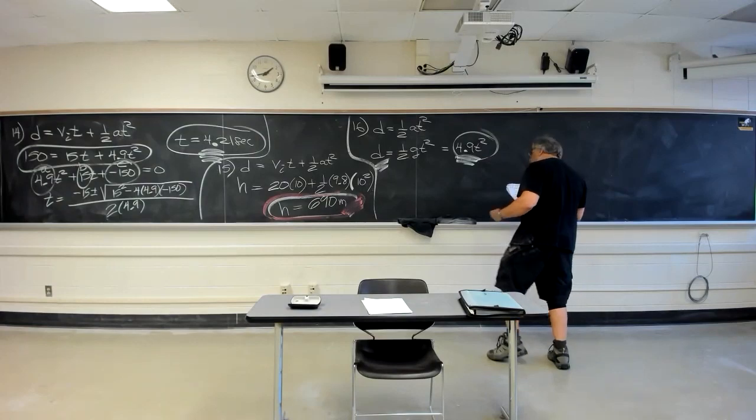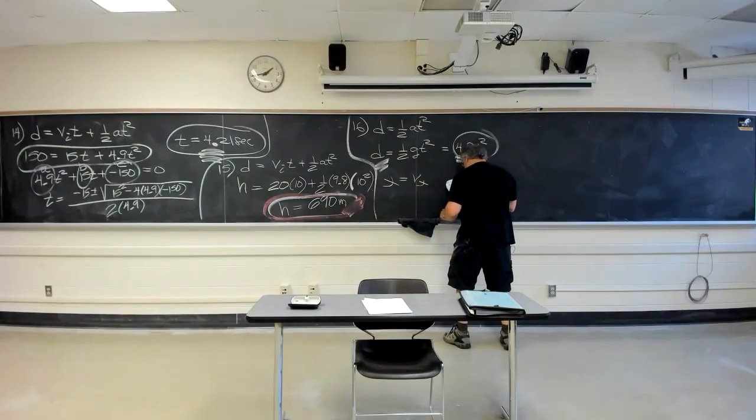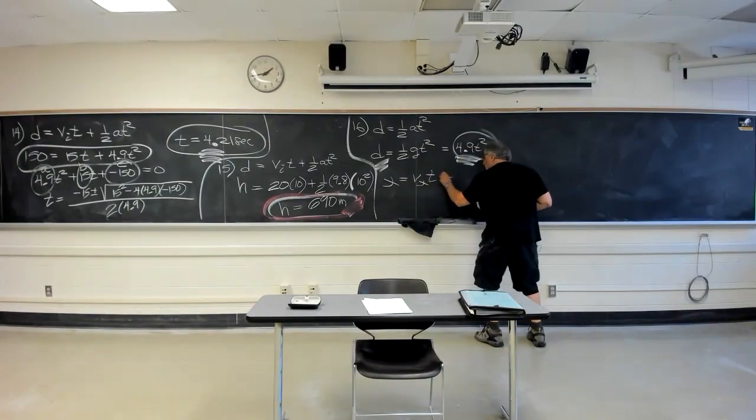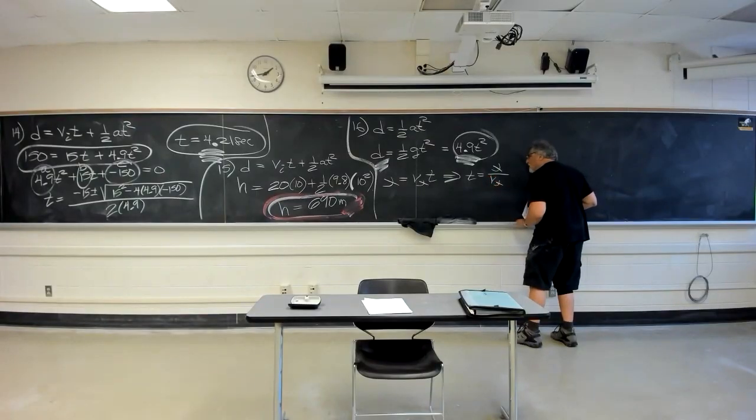Well, there's a horizontal component of velocity. You're going a distance x with a horizontal component of velocity for a time t. Let's find out what that time is. The time is going to be the distance traveled divided by the horizontal component of velocity.